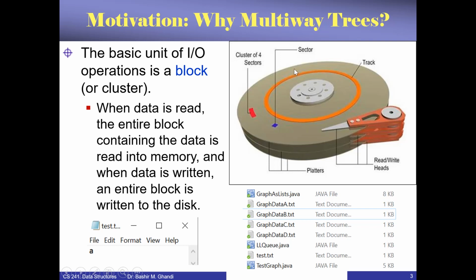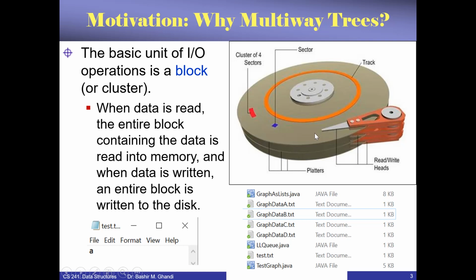If it is somewhere here, it will take about half a cycle. What if it is just after the head? Then almost a full cycle is required. Therefore, the latency time depends on the position of the block relative to the position of the head.